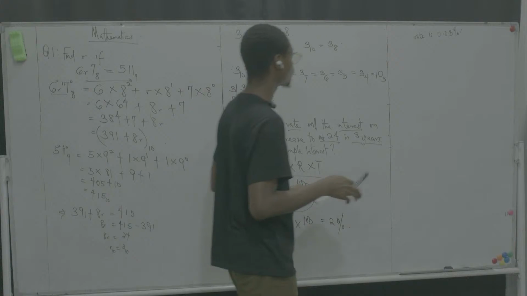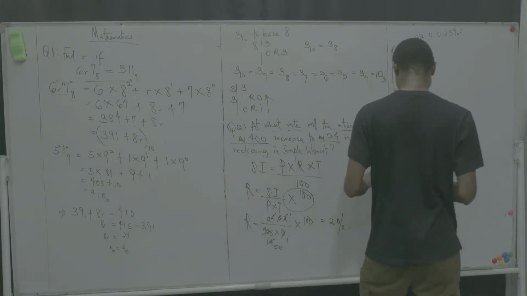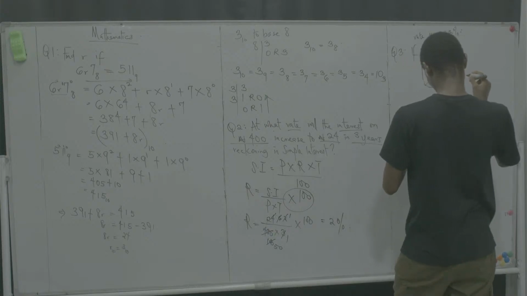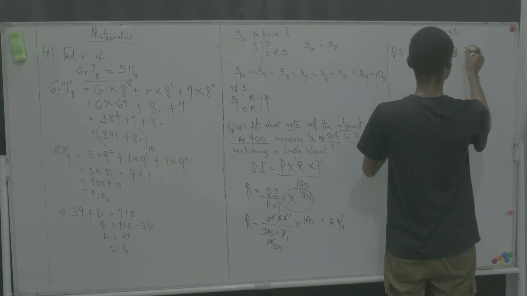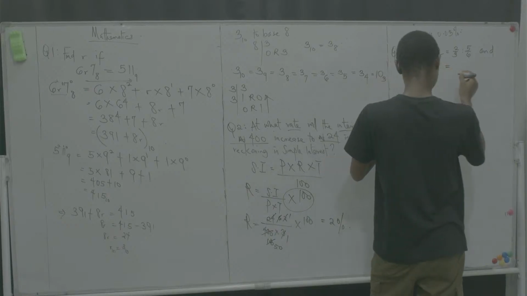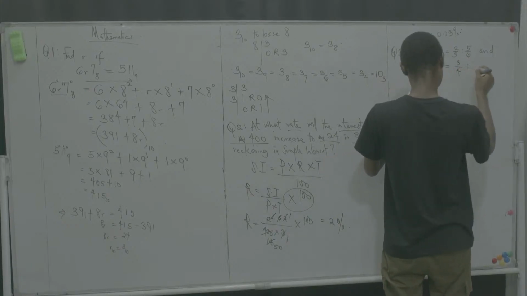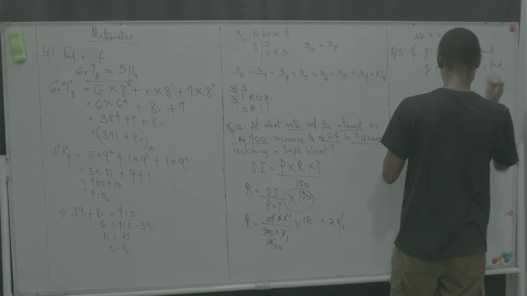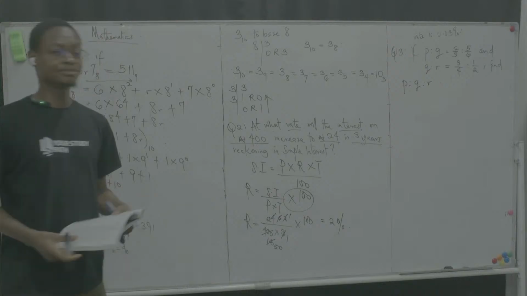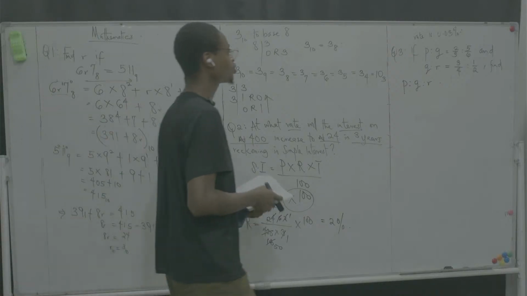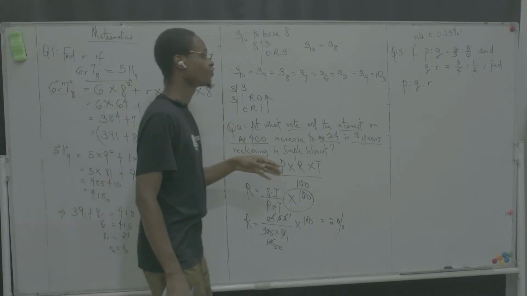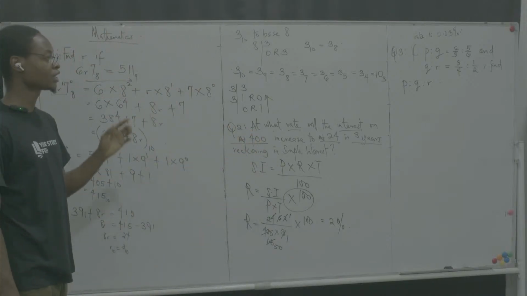Okay, so for question 3 now, we have that if P ratio Q is 2/3 ratio 5/6, and Q ratio R is 3/4 ratio 1/2, find P ratio Q ratio R, right?